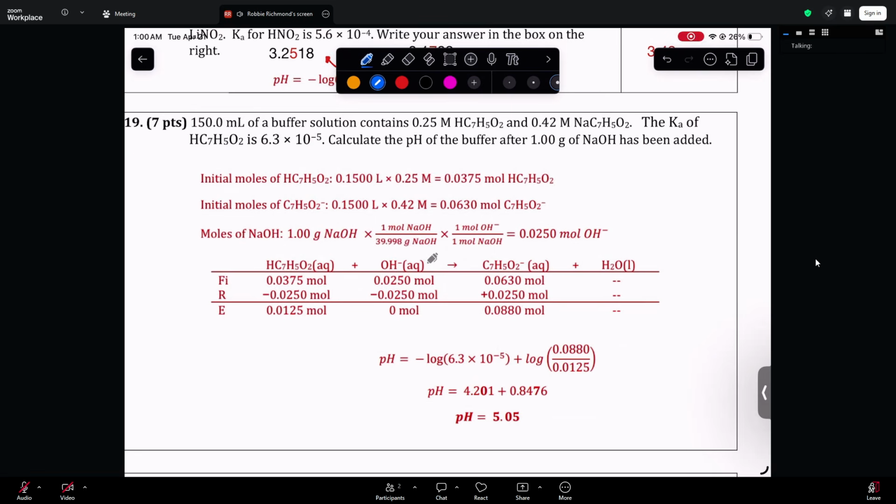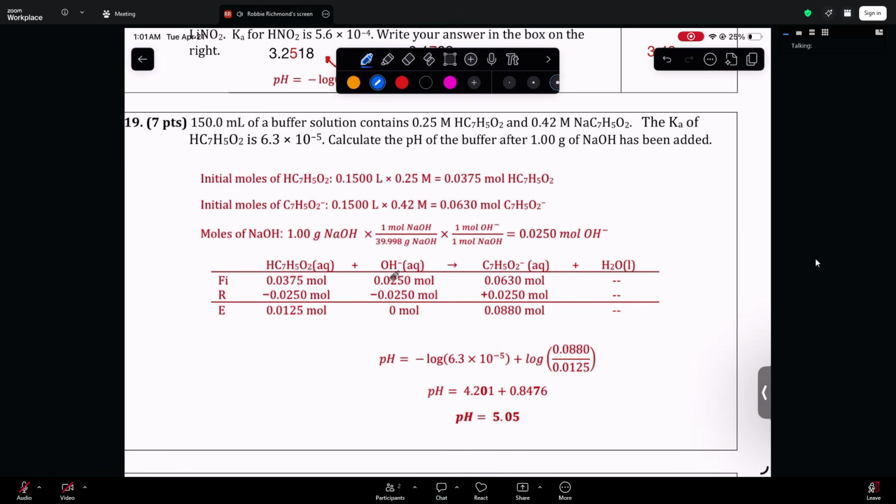Then for every mole of NaOH, you're gonna get one mole of OH, just because it is a strong electrolyte, so it fully dissociates to our hydroxide, which is important for base chemistry in this. Yeah, so that gives 0.025 moles of hydroxide.